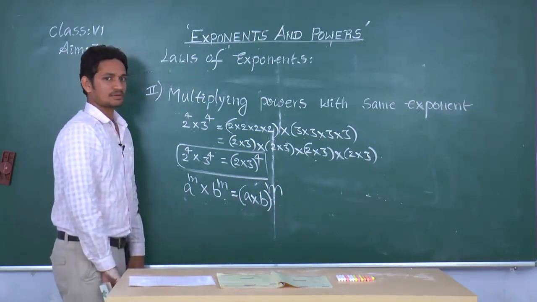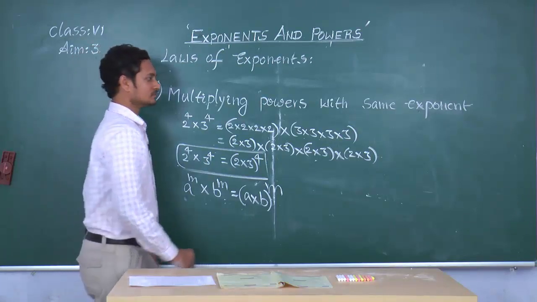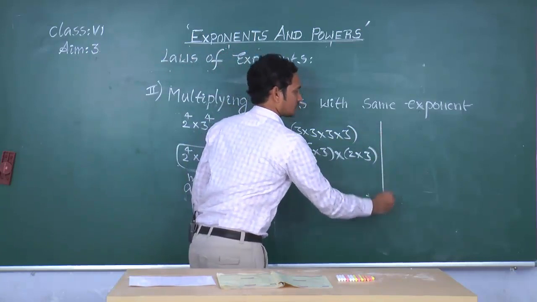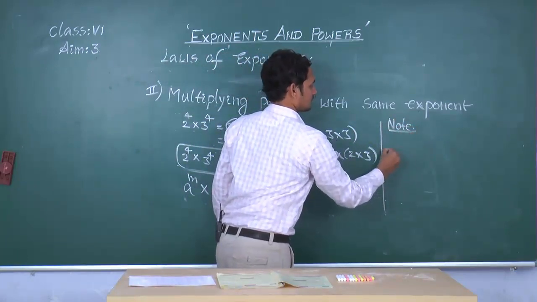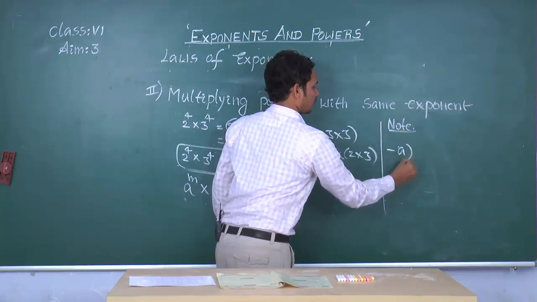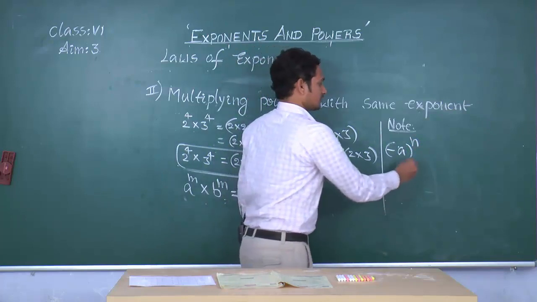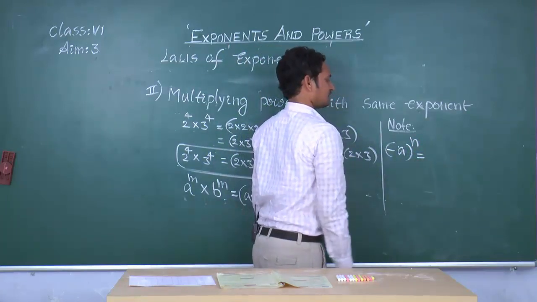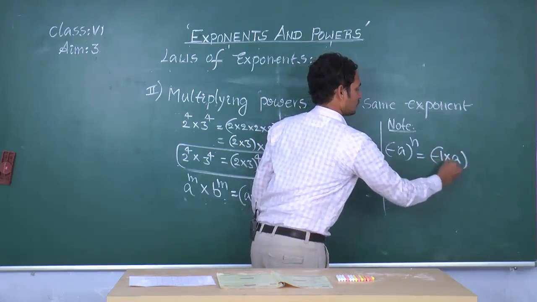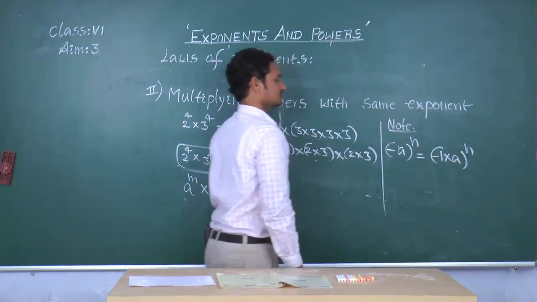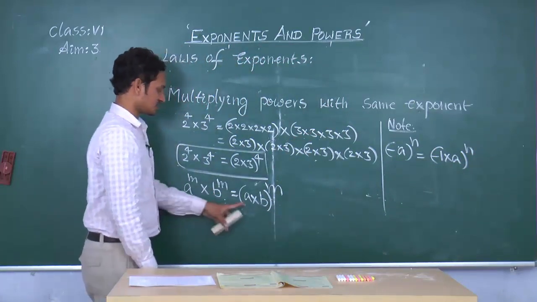Now I am introducing one small note. Here minus a whole power n, we can convert into minus 1 into a whole power n. And also we can change by using this law.